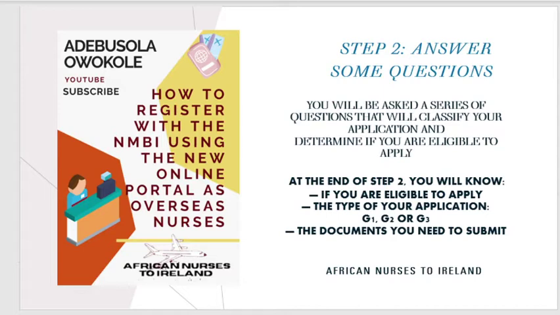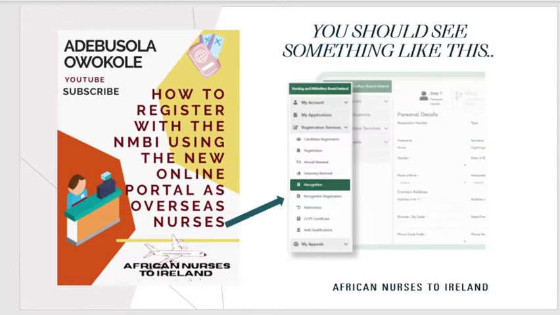There are 3 groups of applicants: Group 1, Group 2, or Group 3. So by the time you finish answering those questions, you know what your group is. I'll be explaining that in more detail, and you also understand the documents you need to submit on the portal.